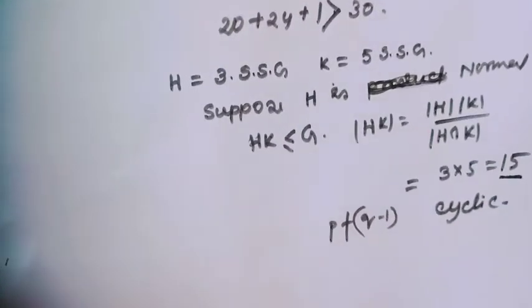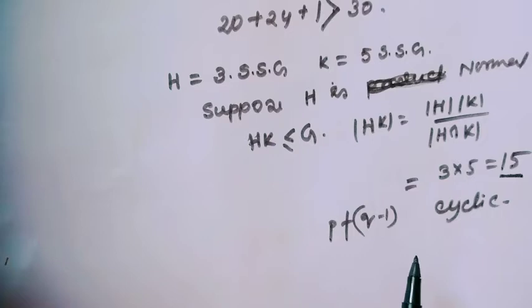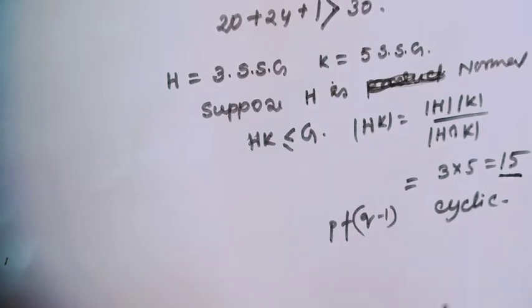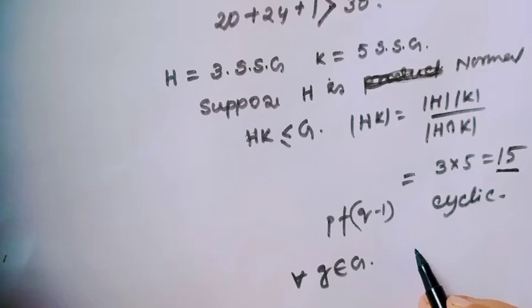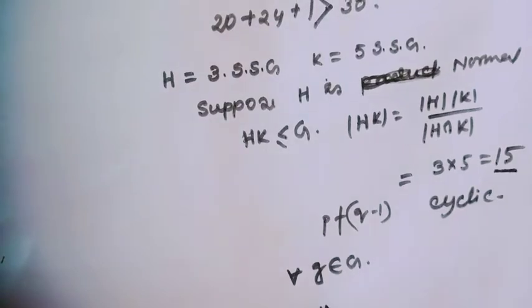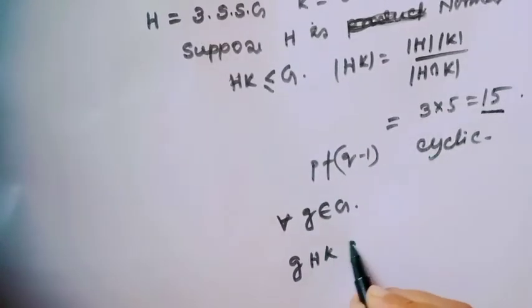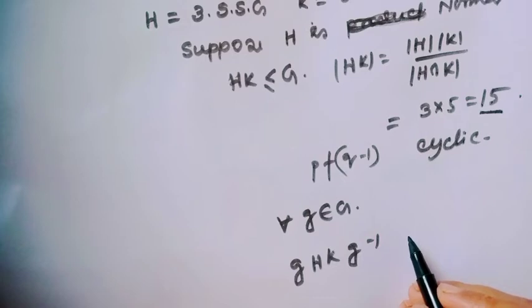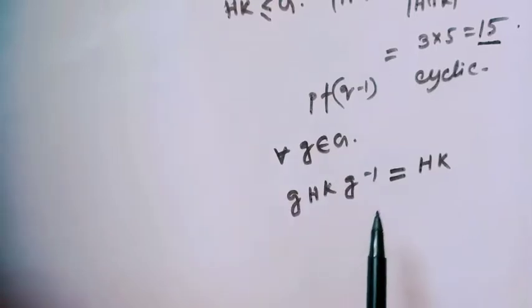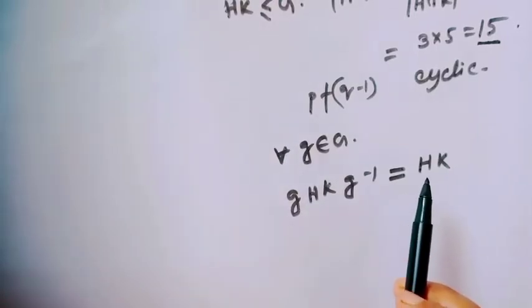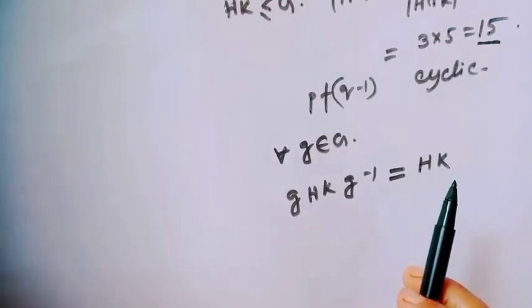And all of us know any cyclic group is always normal. So for all g in G, g SK g inverse will always be equal to SK, and this is possible only if the subgroup SK is normal.